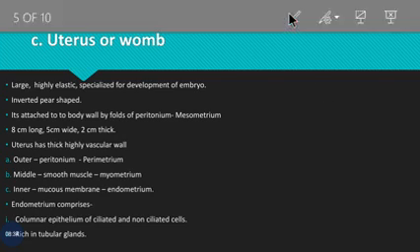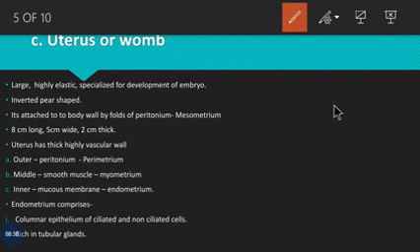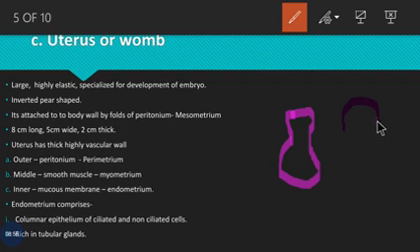So what is a pear? A pear is nothing but a fruit which has this kind of shape. I'm just trying to draw the shape of a pear, right? So this is a pear and it is inverted. That means we have to draw it in an upright direction, so we can have an inverted pear shaped structure. We will see it in the next slide.